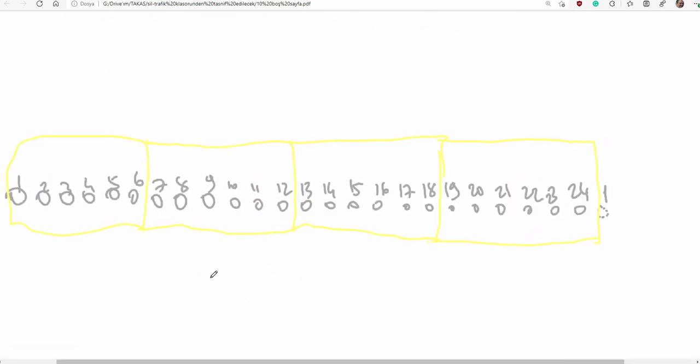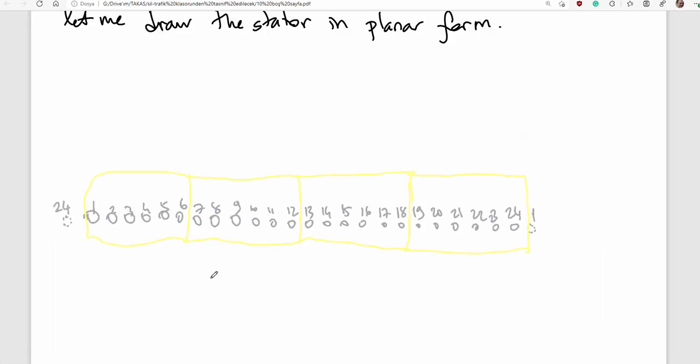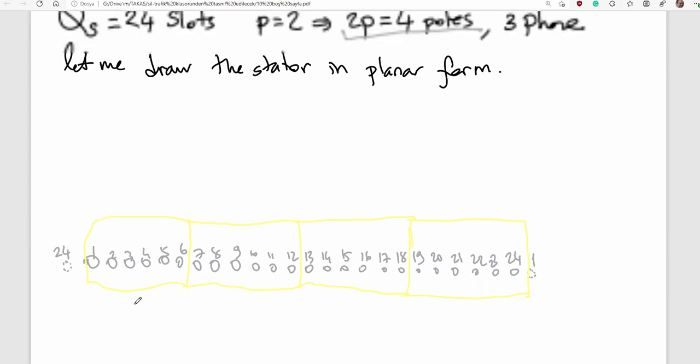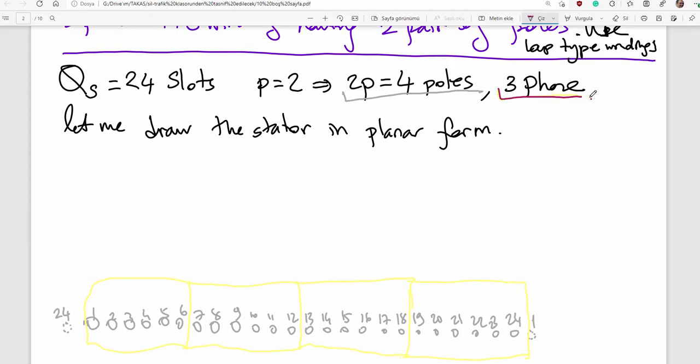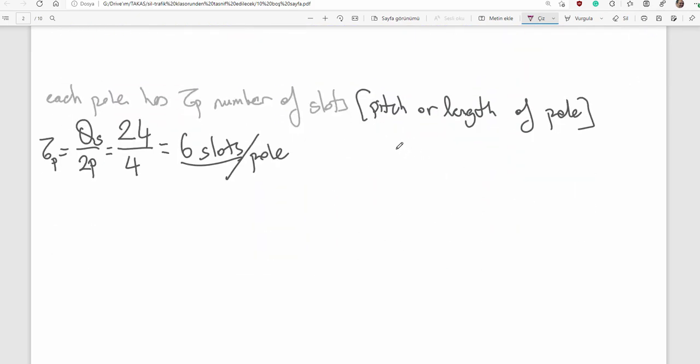Those are the fair share of poles, possibly poles. I am making a plan. And then each pole will be generated by 3 phases.